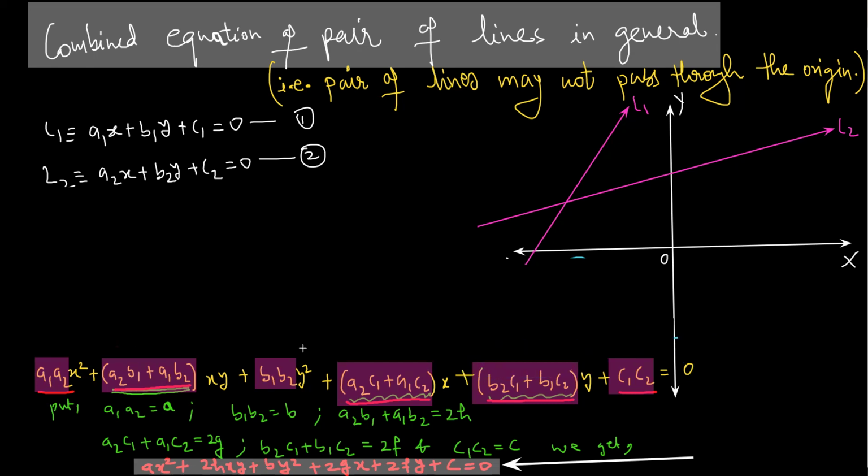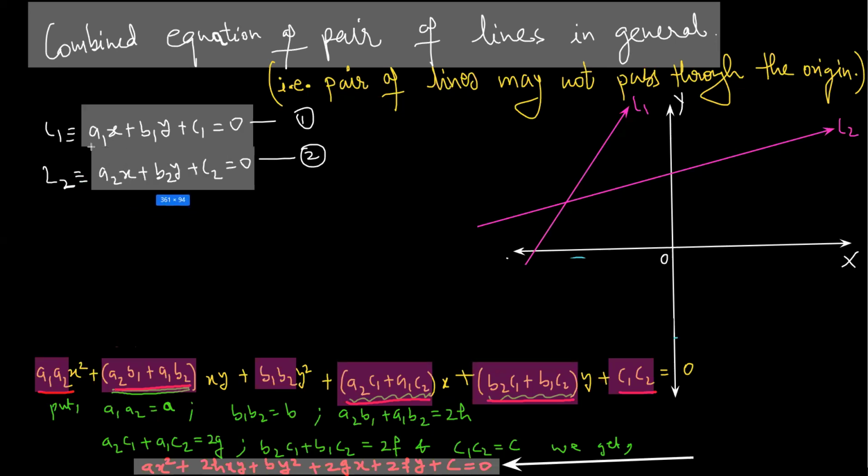So see here, students, what I want to tell you is, after this derivation, you should be able to understand that when we have two lines and the lines are in general, they are not specific lines. That is, they are not passing through origin. Not both of them are passing through origin. One may or may not pass.